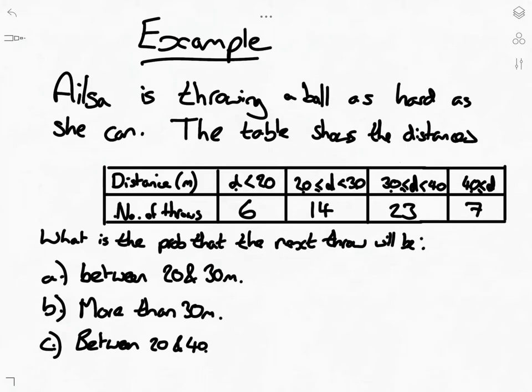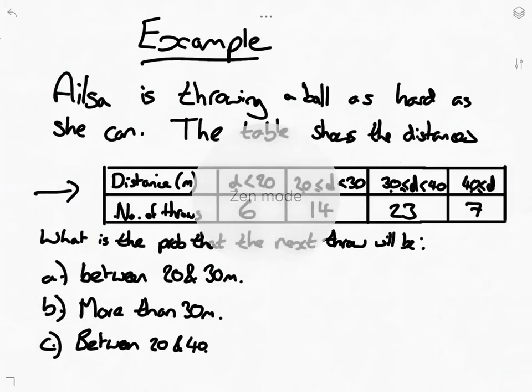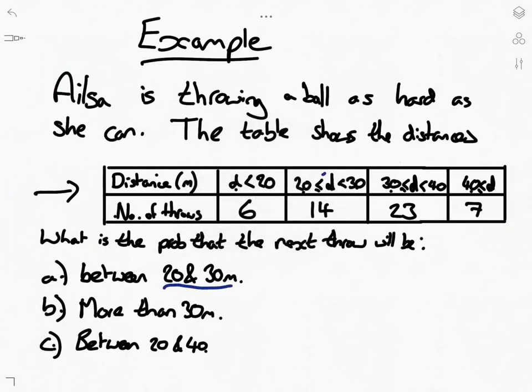So we obviously don't know the actual probability of how far Elsa's going to throw the ball. This is like the experiment. We've got our results, they're put in a table. So now we have to estimate the probabilities. Our best estimate is just using this table. So between 20 and 30, well, that's this one.